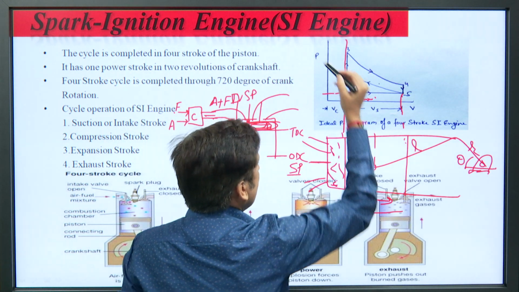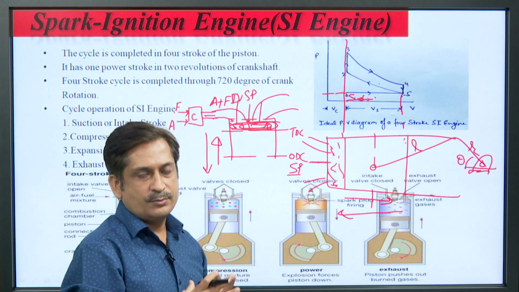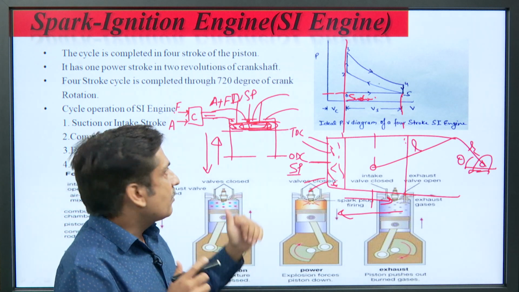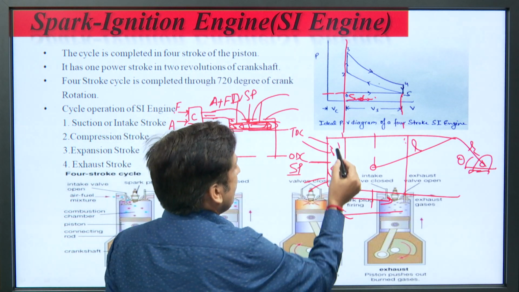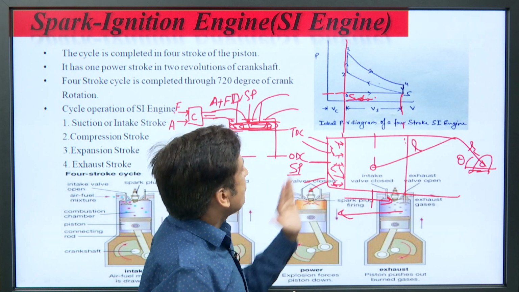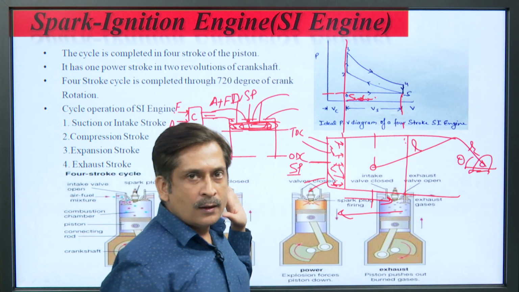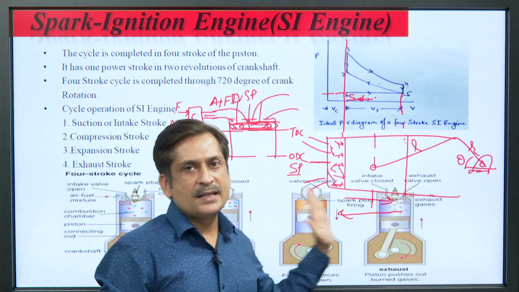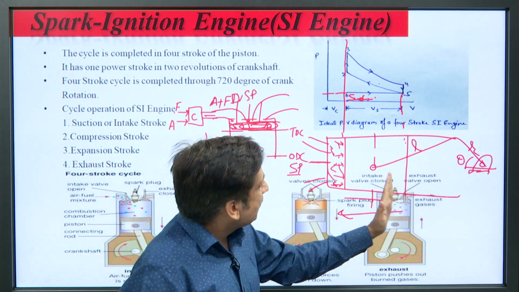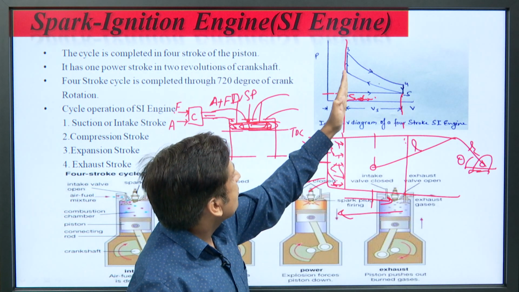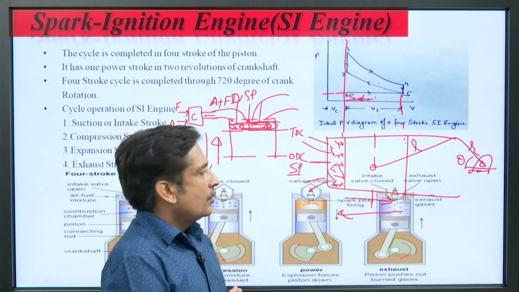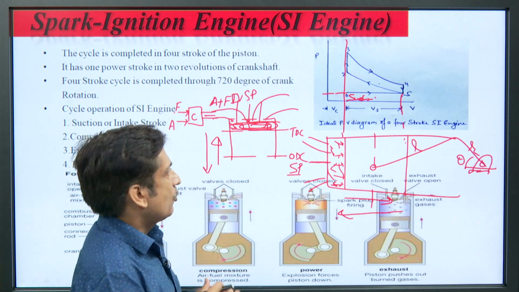Then at point 3, because of the blast from burning the whole charge contained here, the pressure and temperature are higher, and this impact force acts on the piston, and the piston moves in this direction. When the piston keeps moving, the volume increases and the pressure reduces. So, this process 3 to 4 is called the power stroke or expansion stroke or expansion process.